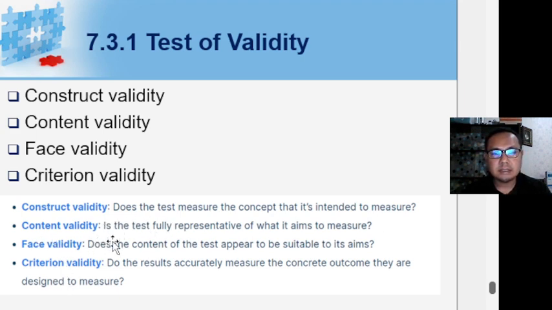Content validity is: is the test fully representative of what it's aimed to measure? That's content validity. Face validity, I mean, does the content of the test appear to be suitable to the aim? And then criterion validity: do the results accurately measure the concrete outcome they are designed to measure?